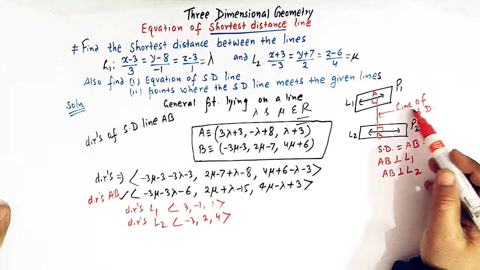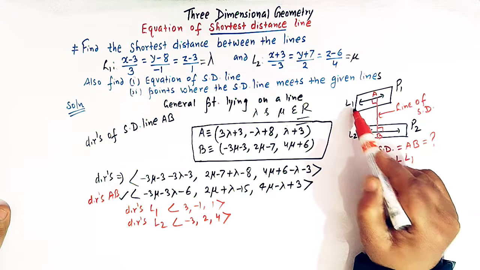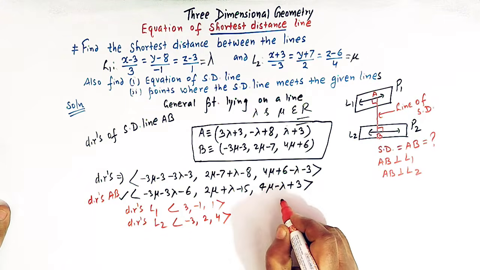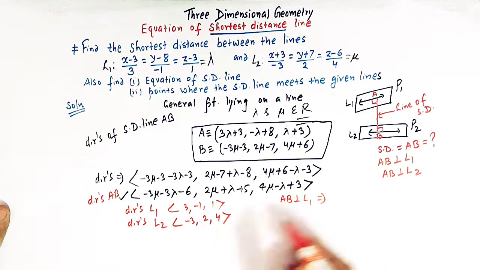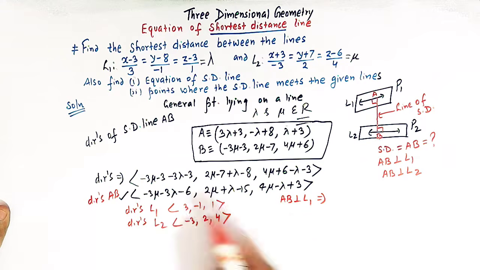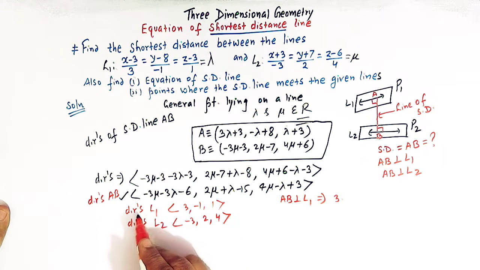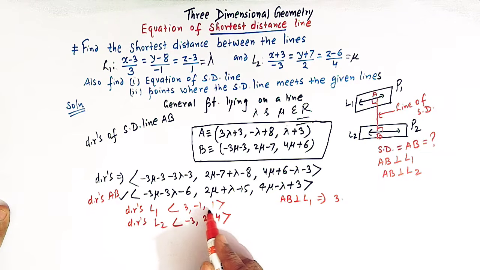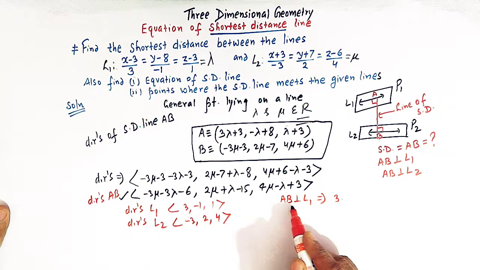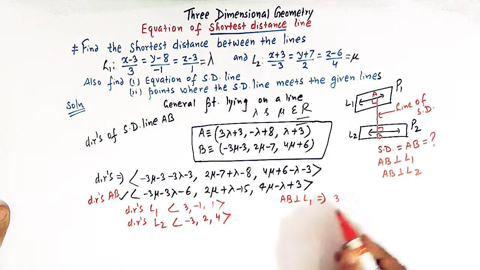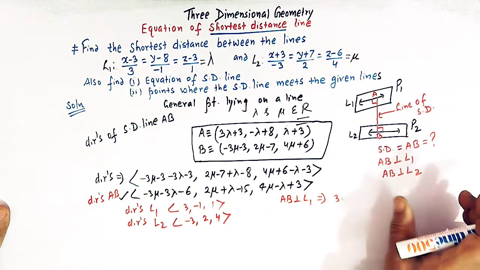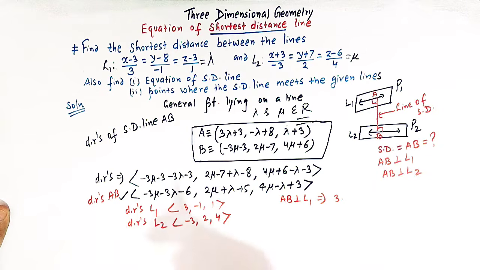So now the line of shortest distance is perpendicular to both L1 and L2, right? So when AB is perpendicular to L1, then we can have, see, 3 times, here the direction ratios of L1 are 3, minus 1 and 1, and the direction ratios of AB are given by these three numbers. So when two vectors are perpendicular, then the sum of the products of the corresponding direction ratios is equal to 0.